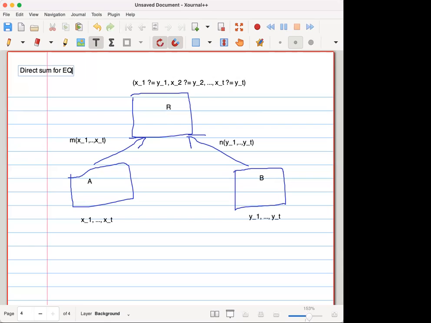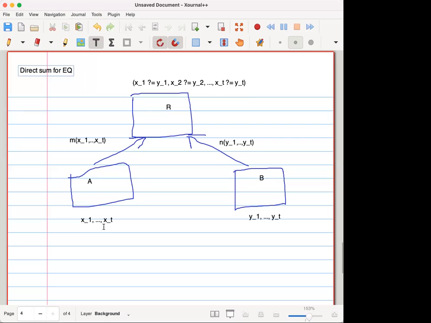Okay. So let's continue. First, let's say, what happens if they're deterministic? If they're deterministic, there is no doubt at all. The deterministic complexity of equality was n plus n. And now instead of one input, there are t inputs.